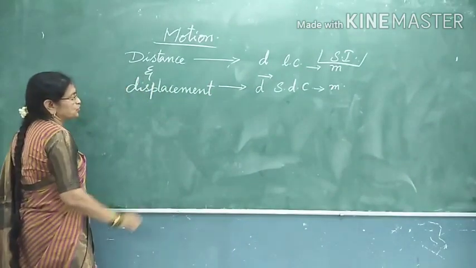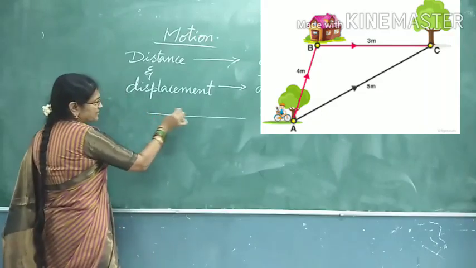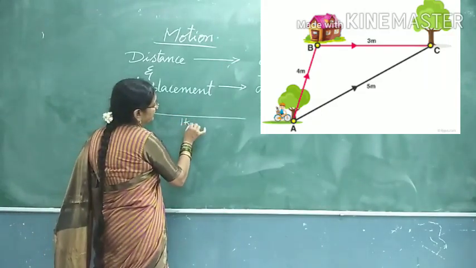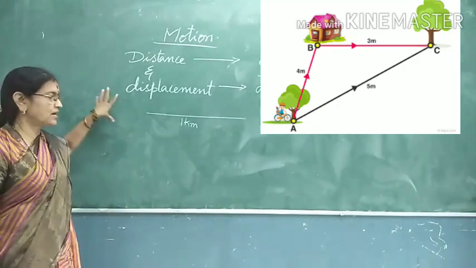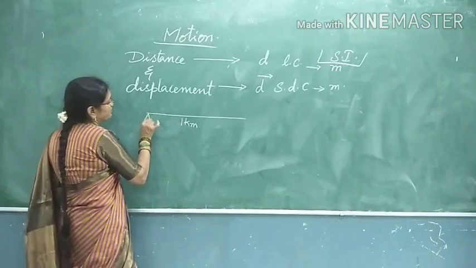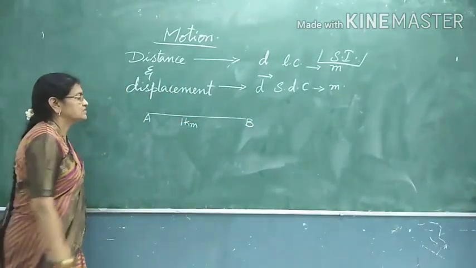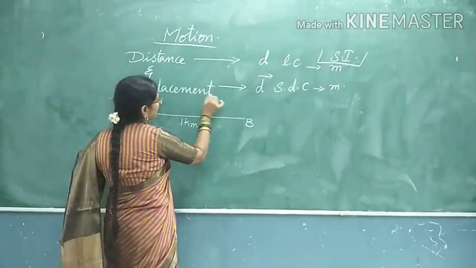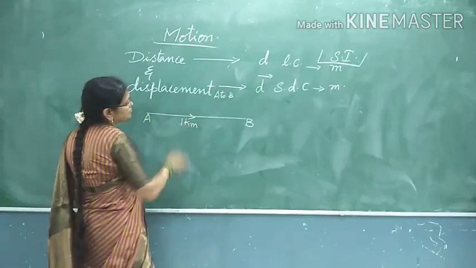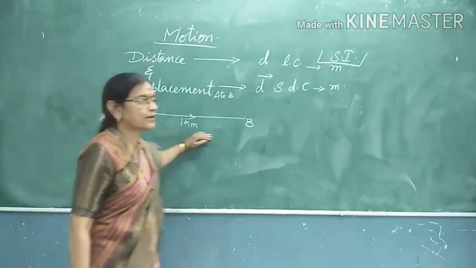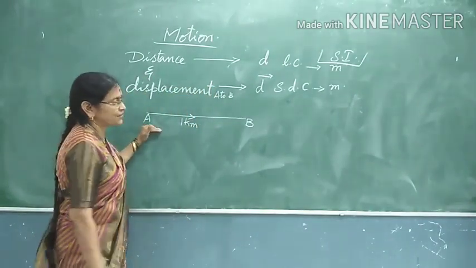Now next, suppose a body is moving a distance of 1 kilometer. It is the distance covered, the length covered by a body. When you say it is starting from A and the final position is B, this is displacement. So the body is moving from A to B. Now, if a body is moving in a straight line, it is known as linear motion because the path is a straight line.